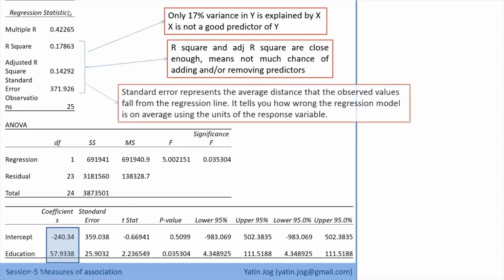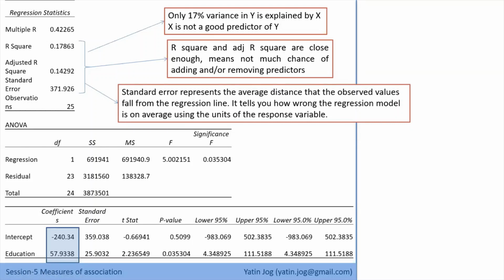So what is standard error? Standard error value is 371. Very important: standard error represents the average distance that the observed values fall from the regression line. Standard error talks about the accuracy of the model.